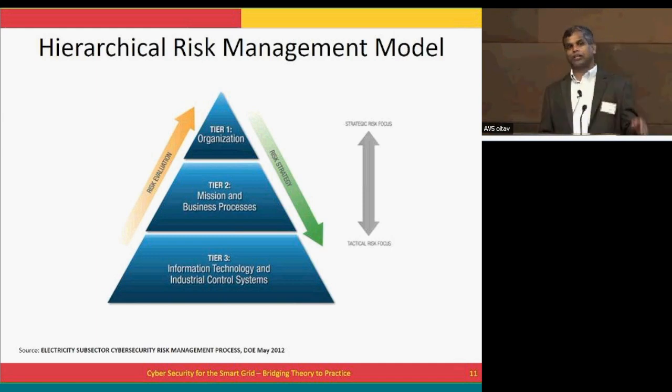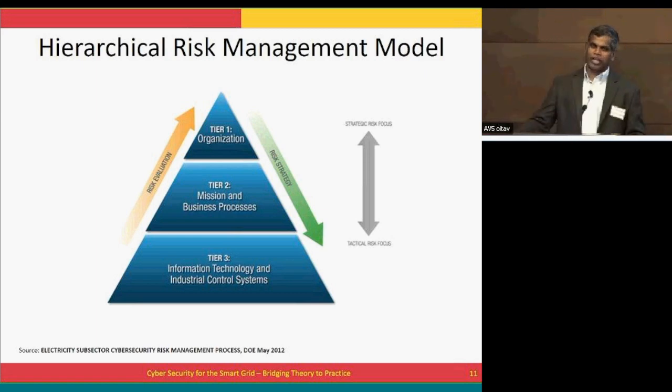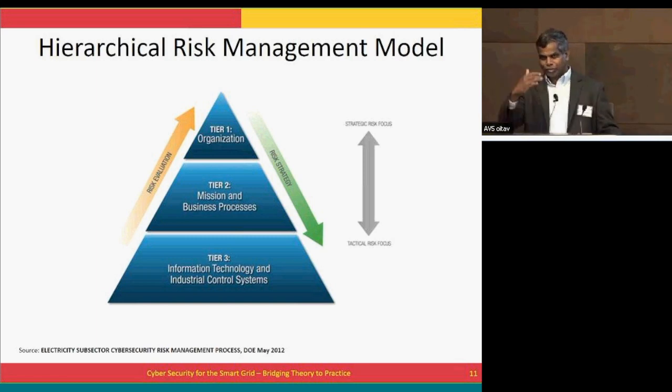Then even at the top level, the board level, risk assessment: what is the strategy? If something were to happen, how are we going to deal with that situation? What is the compliance process in place? How are we going to equip ourselves to meet the changing compliance requirements and changing threat landscape? So they look more strategically at the top level, the board level, tier 1. As you go down from top to bottom in this pyramid, it goes from strategic to tactical level.